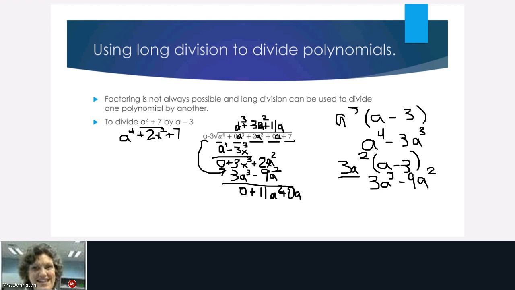All right, now 11a times a minus 3, and I'm kind of running out of space, so I'm just going to put this straight over. 11a times a is 11a squared. And 11a times negative 3 is negative 33a.